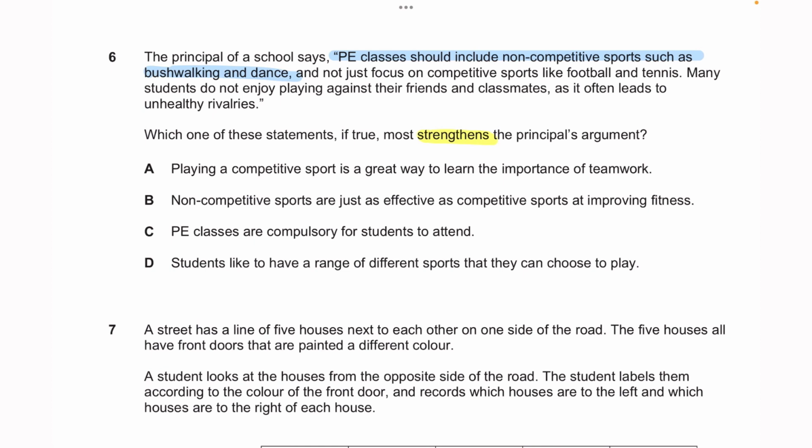The evidence the principal uses is that many students do not enjoy playing against their friends as it often leads to unhealthy rivalries. So this here is the evidence, and this here is our main idea. The key thing is identifying the main idea and seeing what kind of evidence has been given.